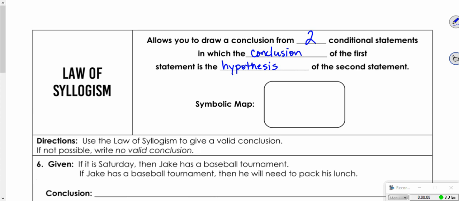Okay, the conclusion of the first is the hypothesis of the second. And again, the symbolic map: with law of syllogism, if we have if P then Q, and we're given if Q then R, we can therefore say if P then R.